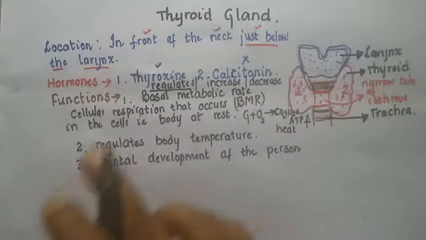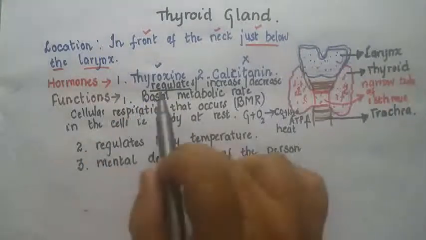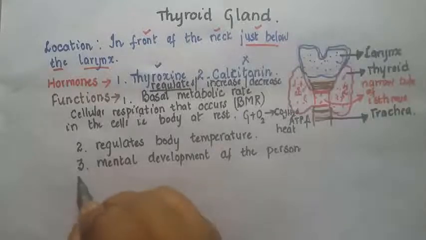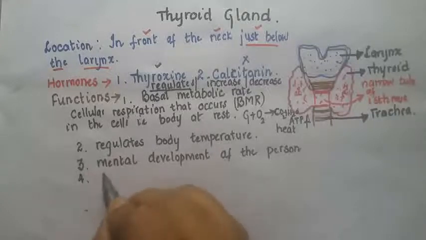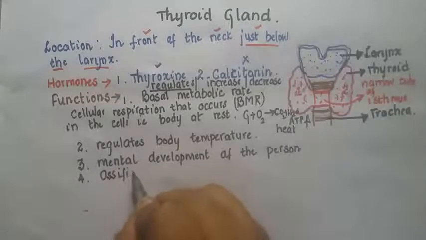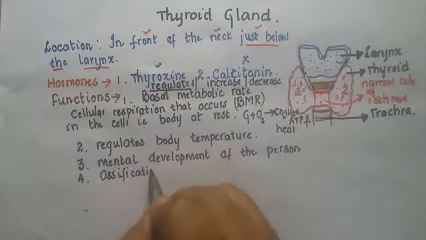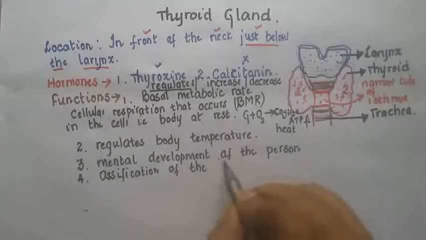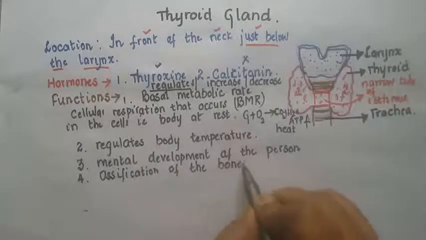Fine, children. So you can say that thyroxine helps in the mental development of the person. Followed by, thyroxine also helps in the ossification of bones. So what is the meaning of ossification of bones?